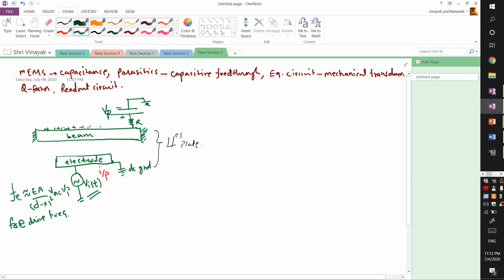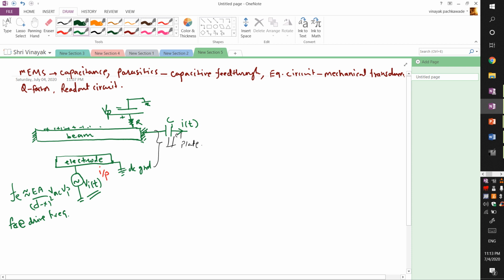So from the body of the beam we put a capacitor here just to block this DC voltage. And then here we have the motional current, or say the current due to the motion of this vibrating element.